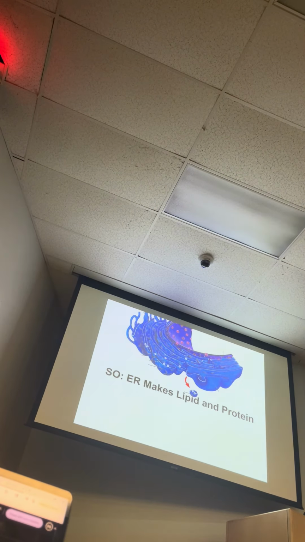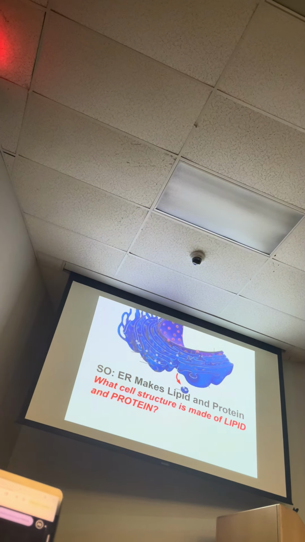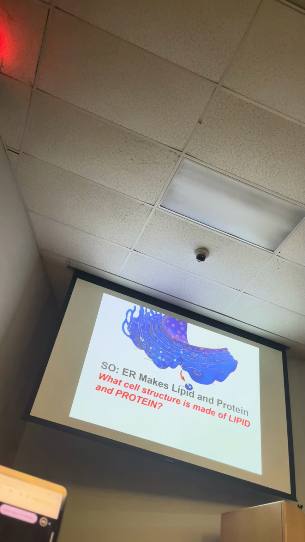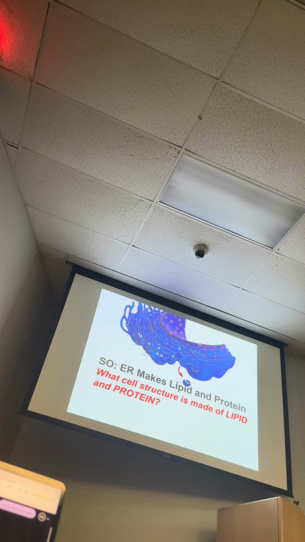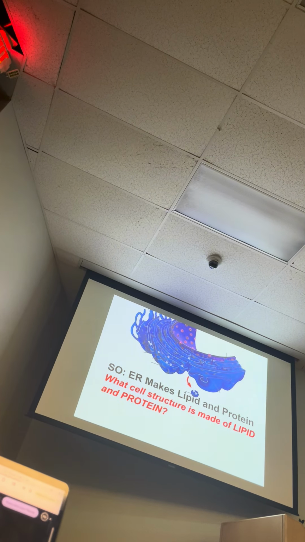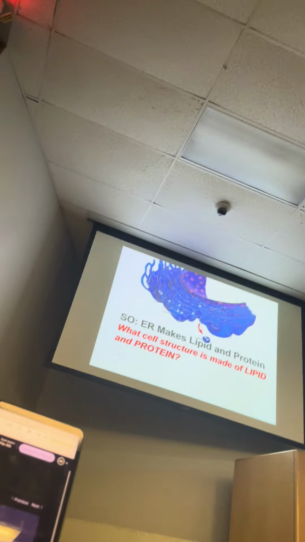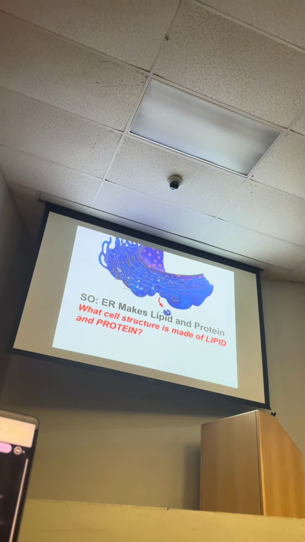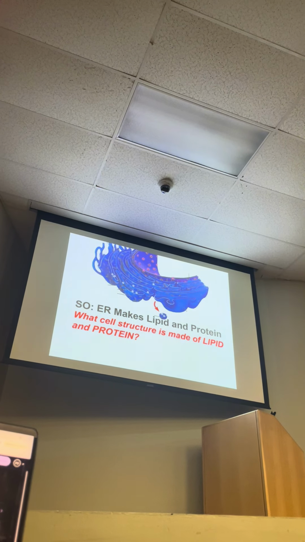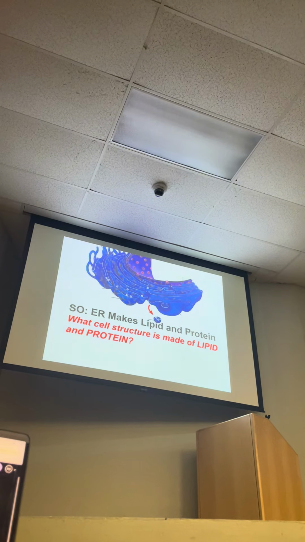So, in conclusion, the ER makes both lipid and protein, right? Now, what cell structure that you know of consists of both lipid and protein? The membrane. The cell membrane is made of both lipid and protein. And remember, another feature of life is growth, right? All cells grow.